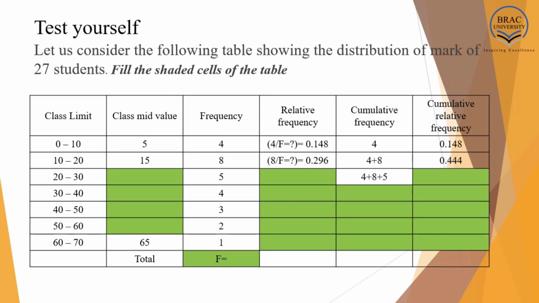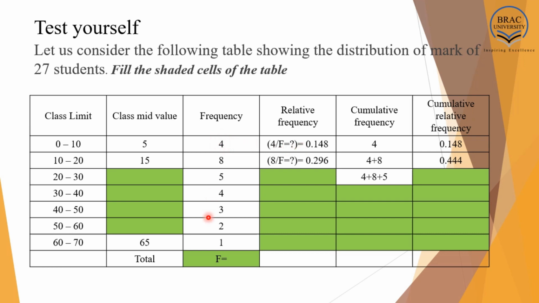this is the class limit. Here, no values less than 10 or greater than 20 will be included. This is the mean value that we derive by the average of this lower value and upper value. Frequency, here the frequencies are given. This F will be the total number of frequencies. Relative frequency corresponding to this class will be obtained by 4 divided by total frequency.